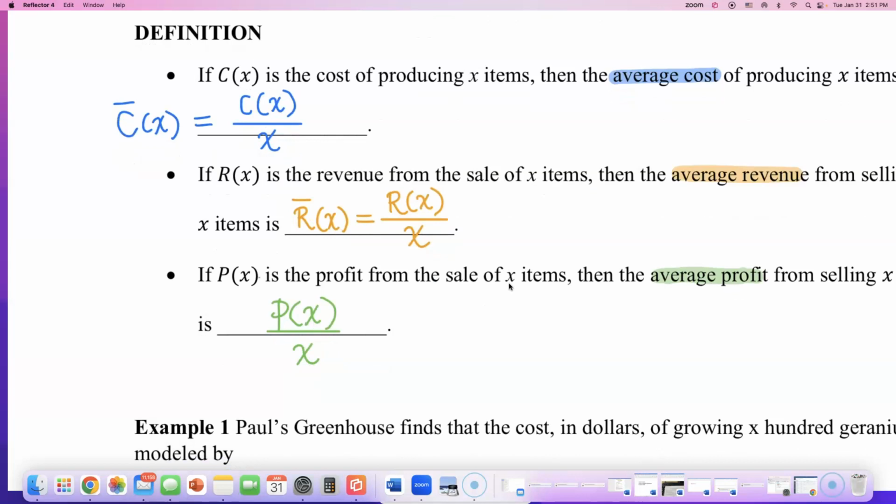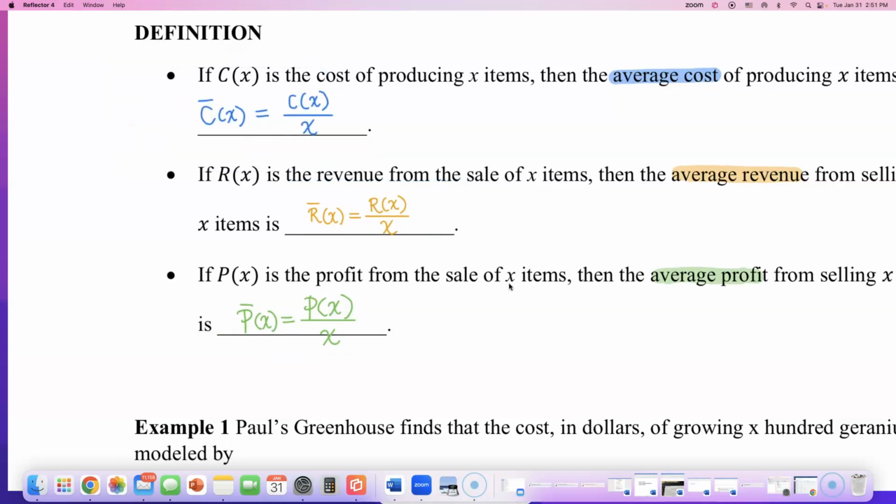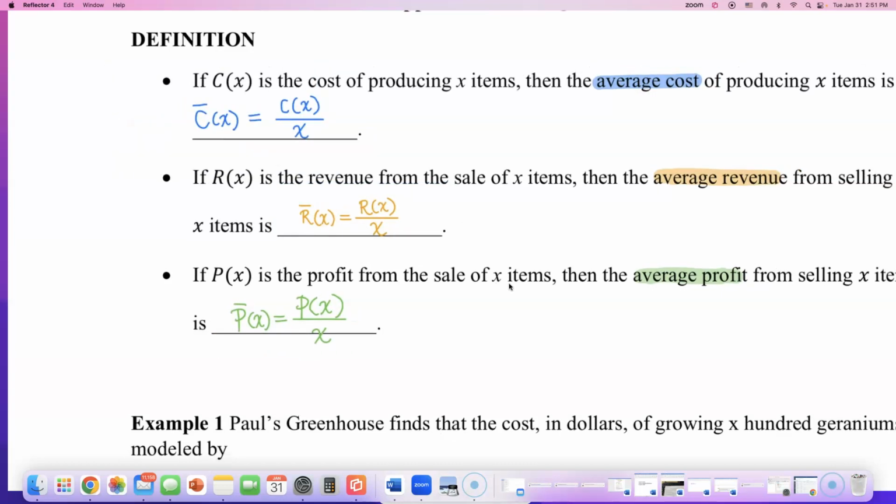And lastly, the profit. If I want to talk about average profit, I'll put P bar of X. But just notation: if you see these bars on top of these R's and P's and C's, that just means average of those.